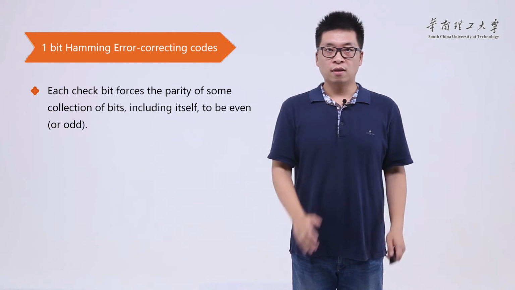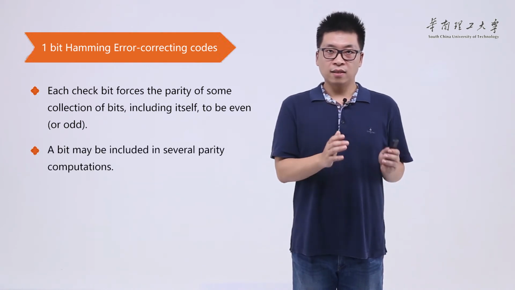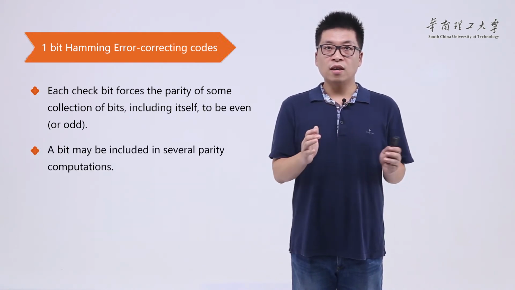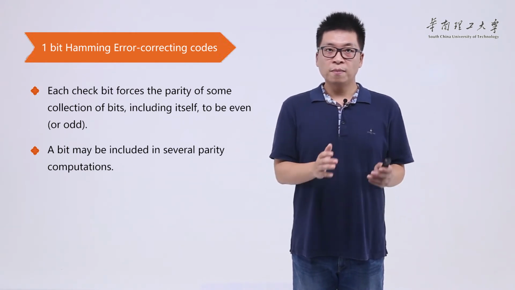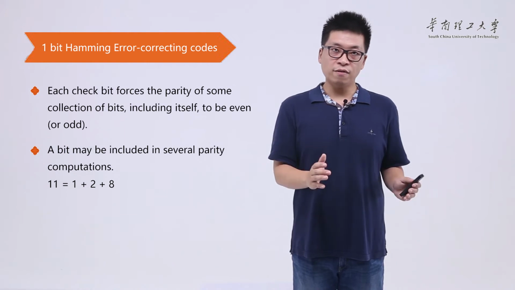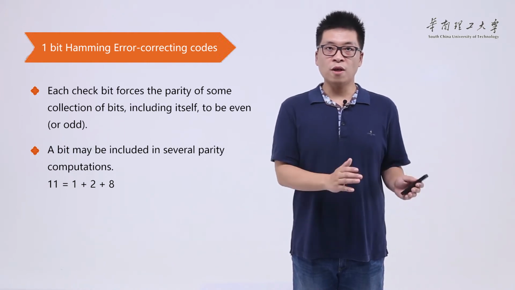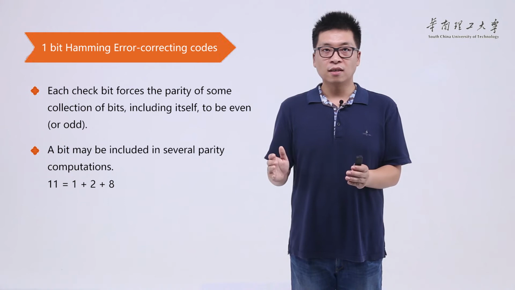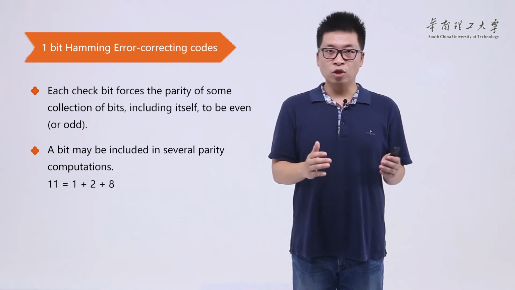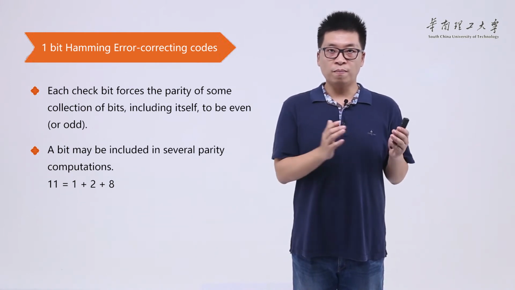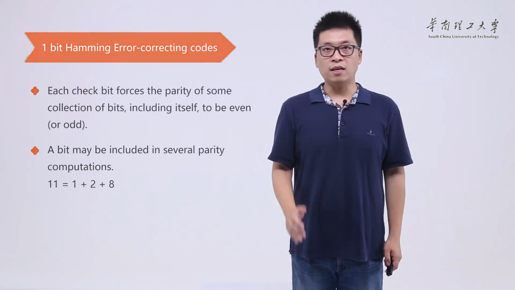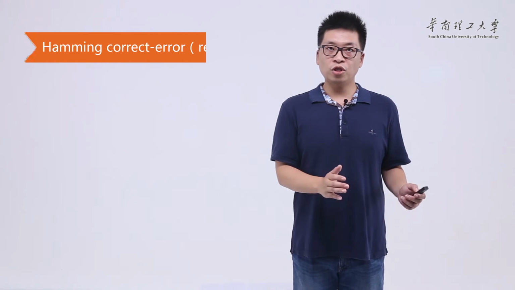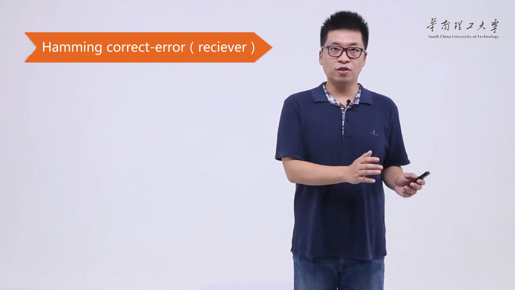A bit can be included in several parity calculations. For example, bit 11 can be represented as 1 plus 2 plus 8. So bit 11 will be used for the parity check bits number 1, number 2, and number 8. This is what happens on the sender side.